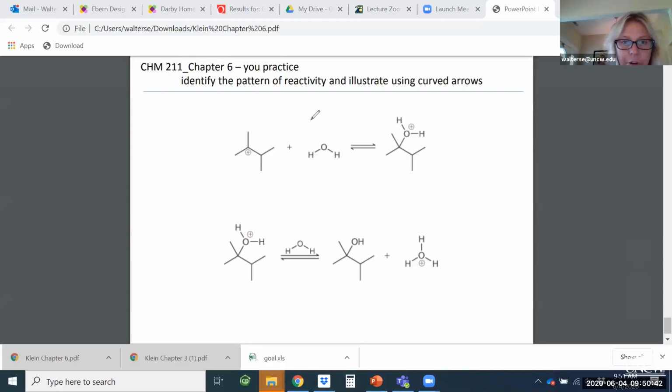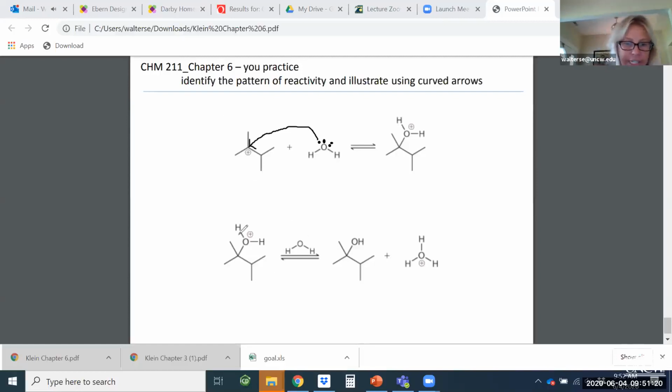So let me see, before we do that, we can't start on an atom, we have to start on electrons. So let's see if I can get a couple lone pairs on here. Okay, all right. So you're going to take your lone pair of electrons and attack that carbon. And that will make this. So this is a nucleophilic attack.